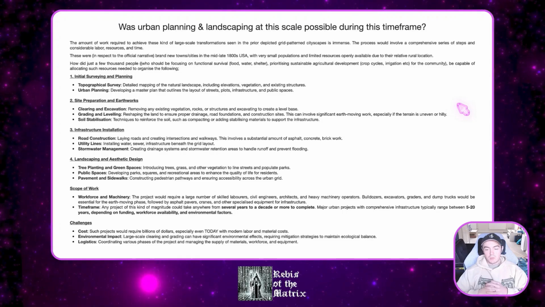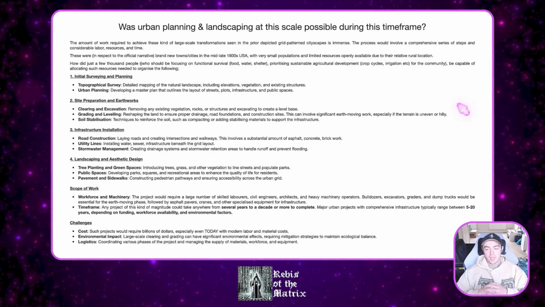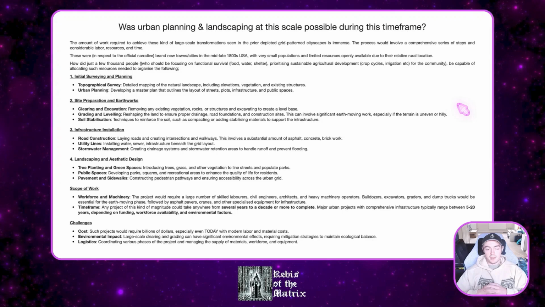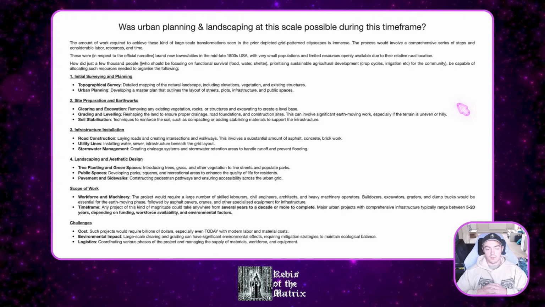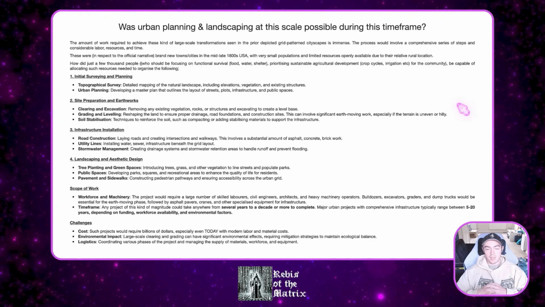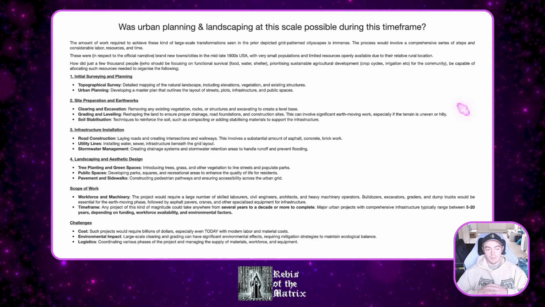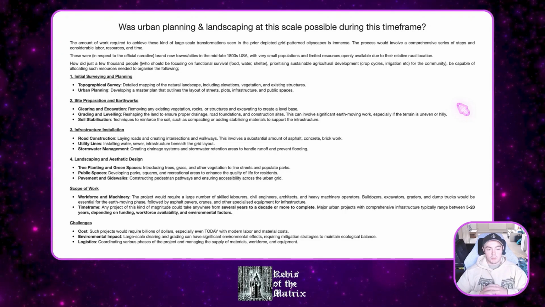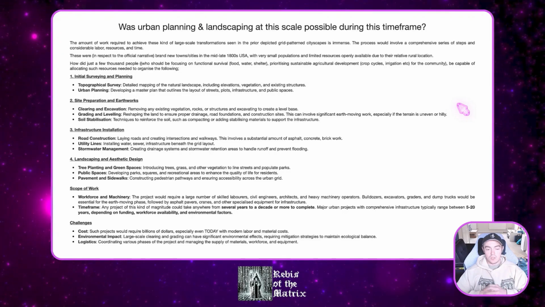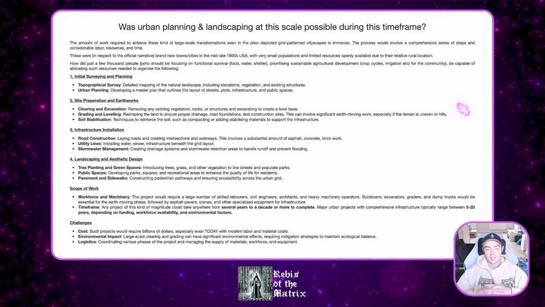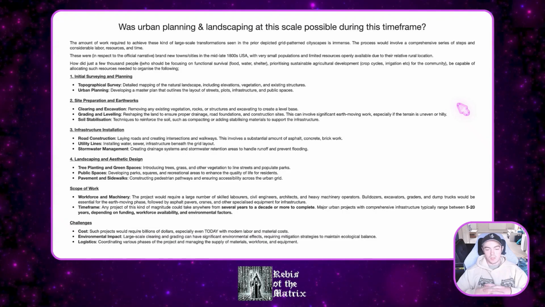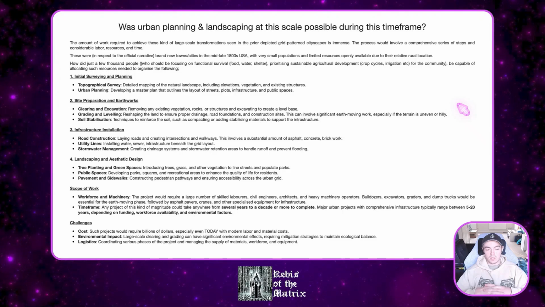Major urban projects with comprehensive infrastructure typically range between 5 to 20 years, depending on funding, workforce availability, and environmental factors. Challenges. Costs. Such projects would require billions of dollars, especially even today with modern labor and material costs.